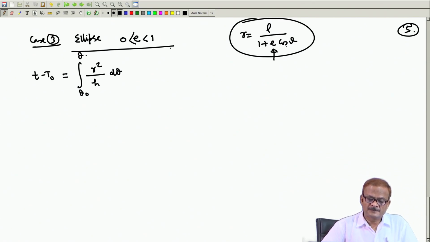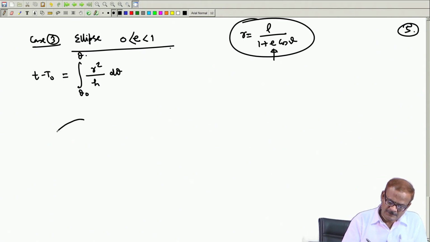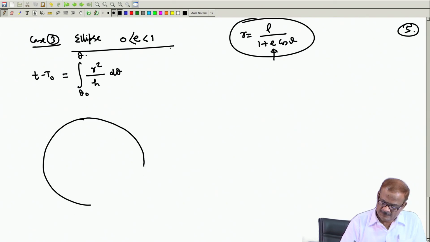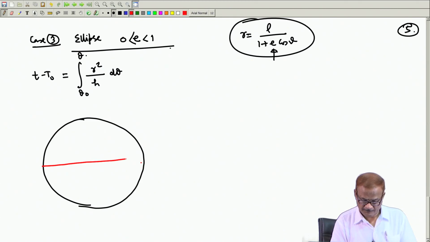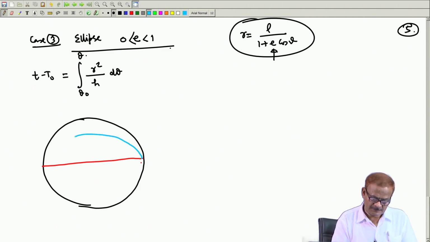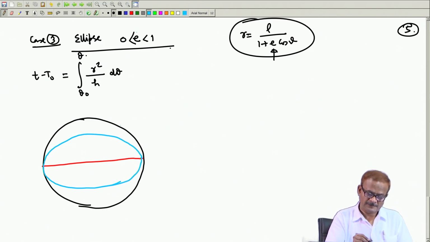So, for solving this problem, we change the variable so that this gets into a simpler format. So, what do we do here? Say this is a circle, and inside this circle an ellipse is described, and somewhere the focus is located here.